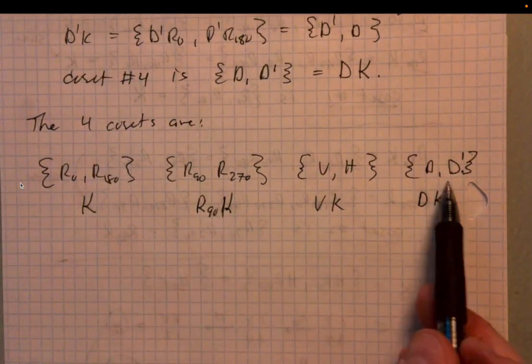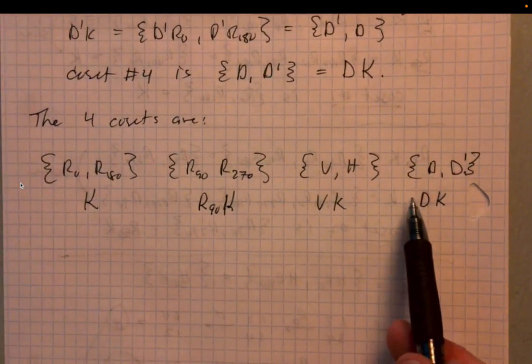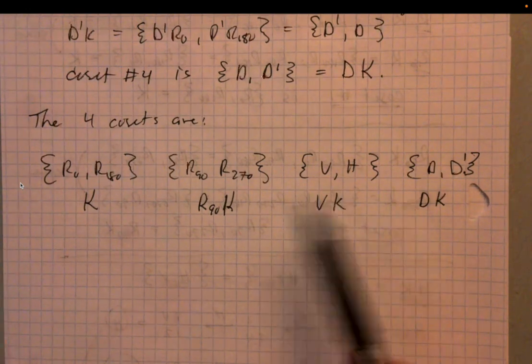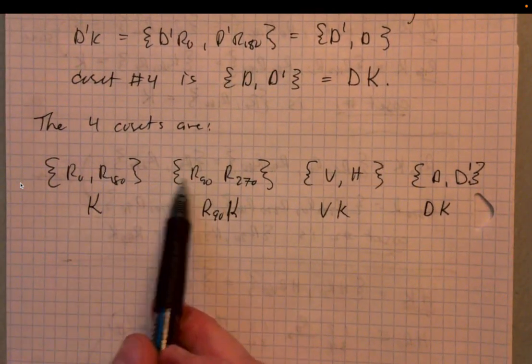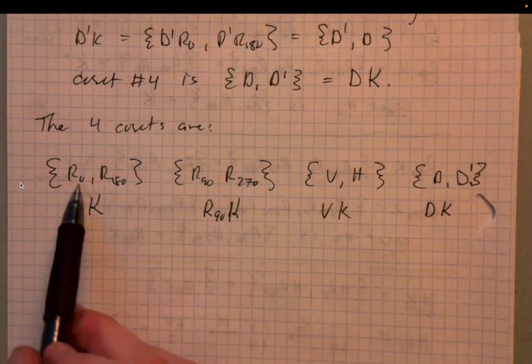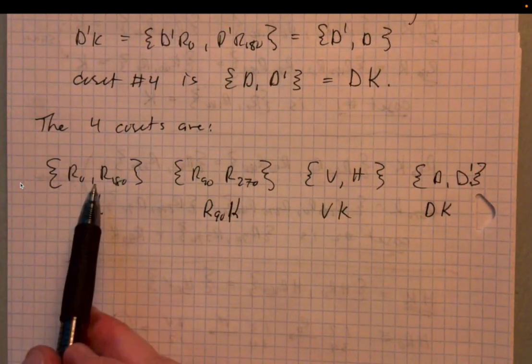So what we're going to do differently, though, is we're going to organize the Cayley table by the cosets. Now, all that means is that I'm going to put columns next to each other if they're in the same coset. So I think originally I would have gone R0, R90, R180, R270, but this time I'm going to do R0 and R180 next to each other.